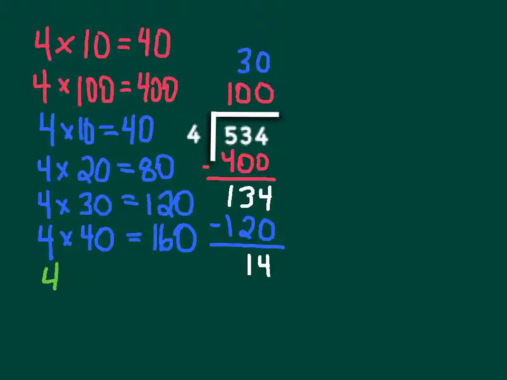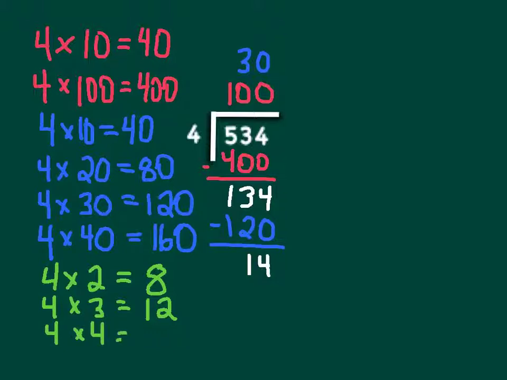Our basic facts tell us that 2 plates would give us 8 pancakes, 3 plates, 12 pancakes, and 4 plates of 4, 16 pancakes.